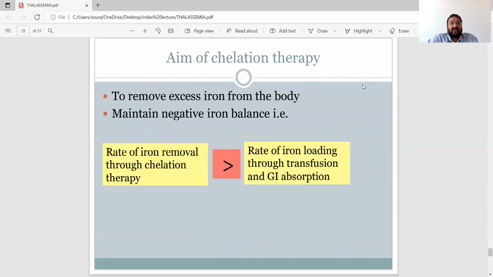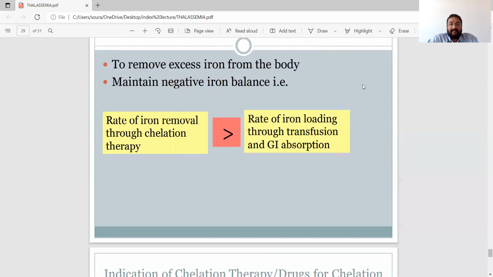The aim of chelation therapy is to remove excess iron from the body and maintain negative iron balance. That is, the rate of removal of iron through chelation therapy should be more than the rate of iron loading through transfusion and GI absorption.